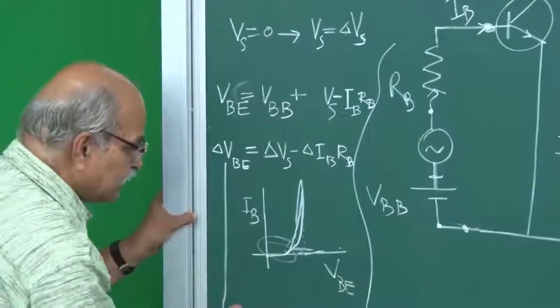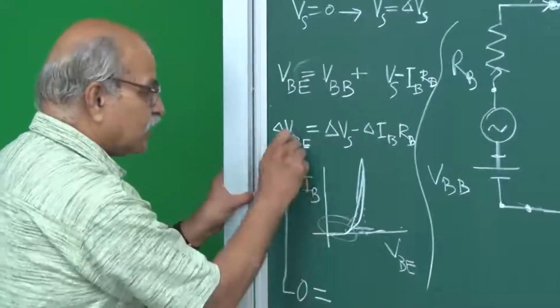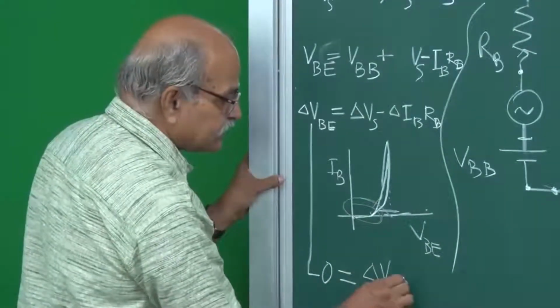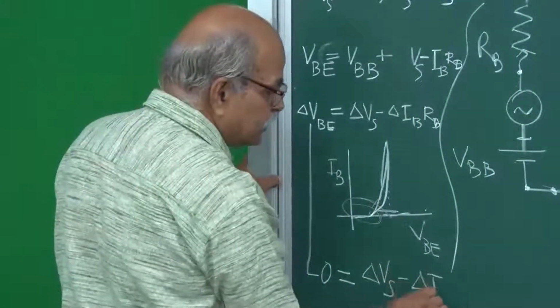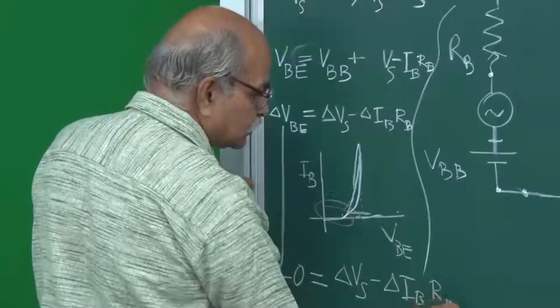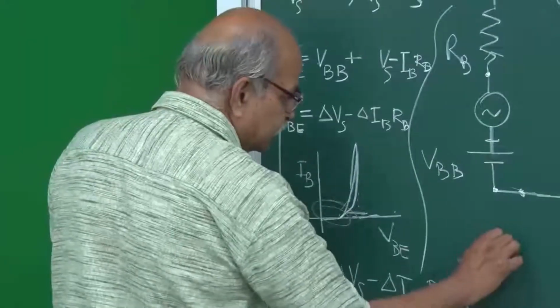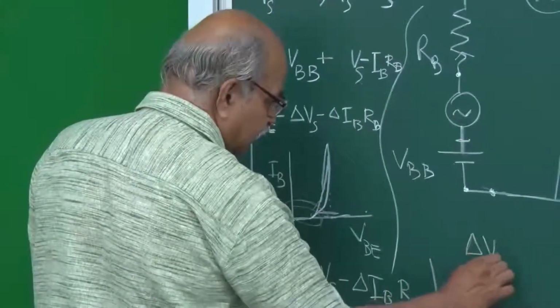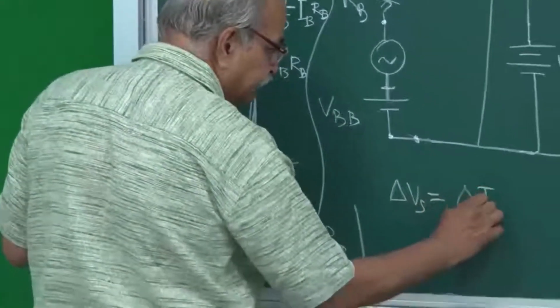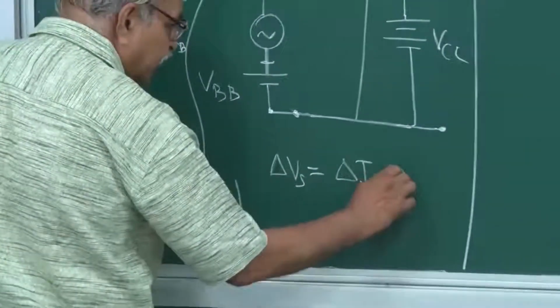If you take this as very small and write it as 0, then you have 0 equal to delta Vs minus delta IB and RB. So delta Vs is equal to delta IB into RB.